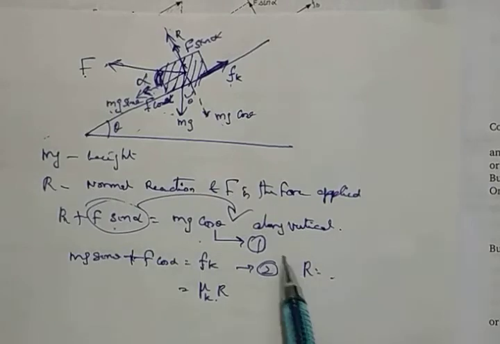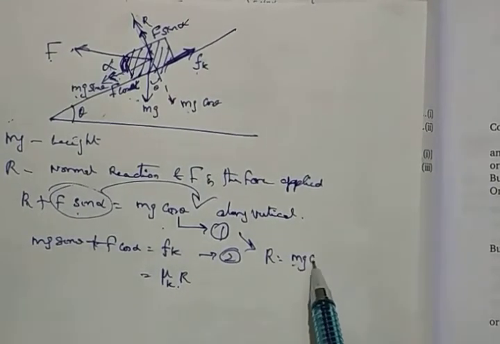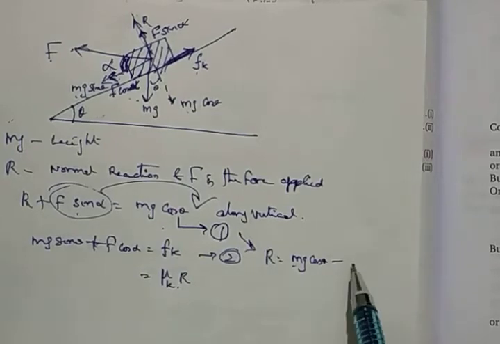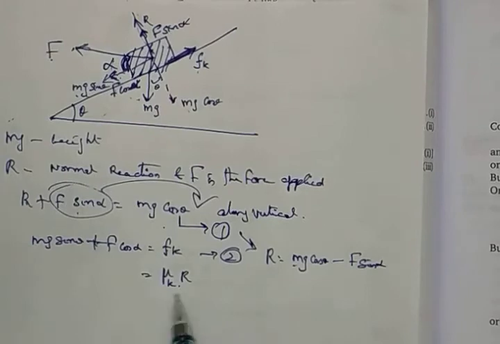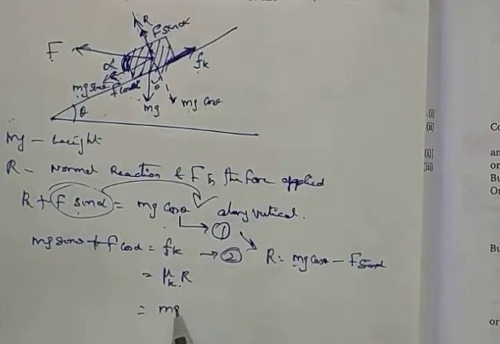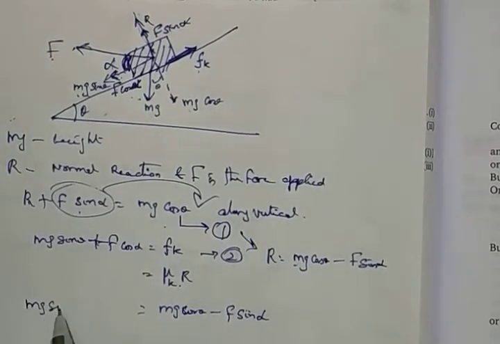From the first equation, R is equal to mg cos theta minus F sin alpha. So that's going to be mg sin theta plus F cos alpha.